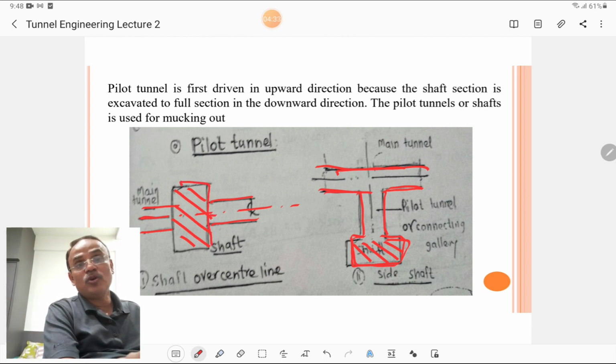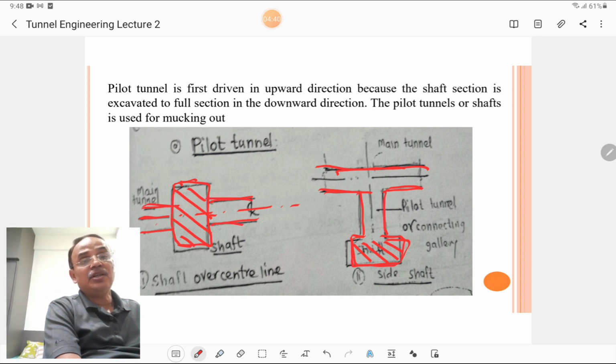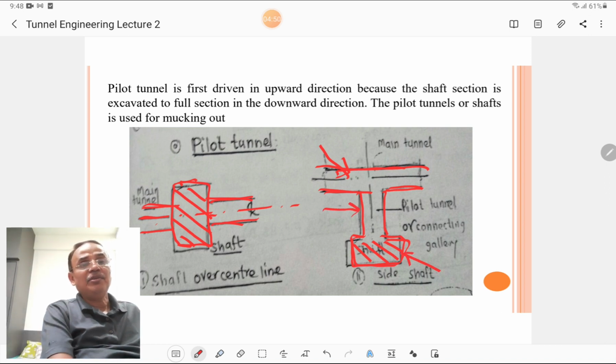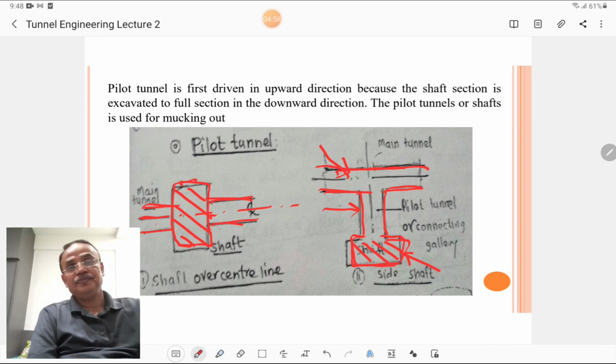This shaft is located on the center line of the main tunnel. In this figure, the tunnel which is connecting to the main tunnel is termed a pilot tunnel. And in such a situation, the pilot tunnel is driven in upward direction because this shaft is driven in the downward direction.